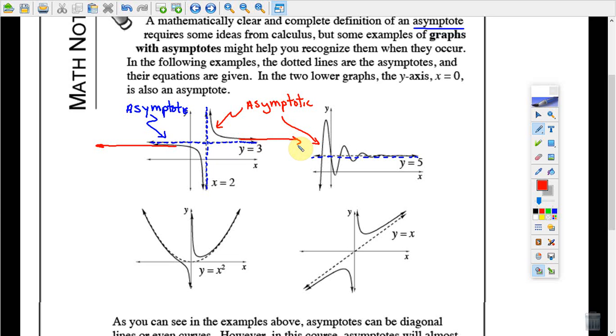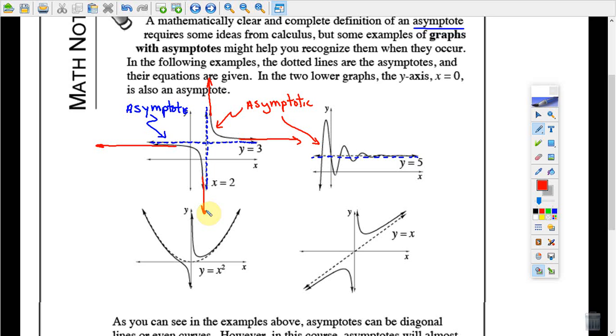Same thing here for this one, closer and closer, never quite gets there. Also, our x equals 2 is a vertical asymptote on this function, and we see that the same thing is occurring. The asymptotic function is getting close to the asymptote but never quite getting there, and in the negative infinity direction of the y, the same thing is occurring.